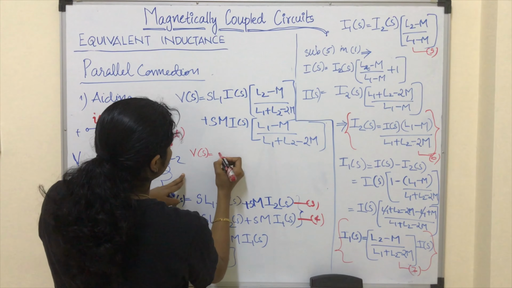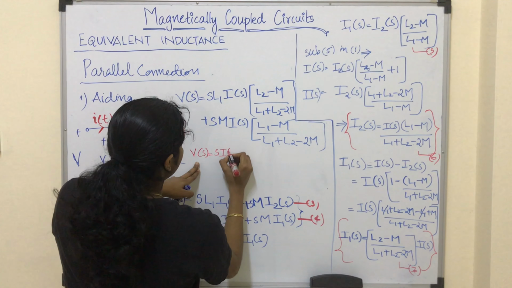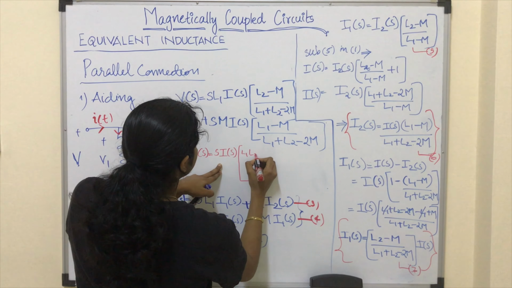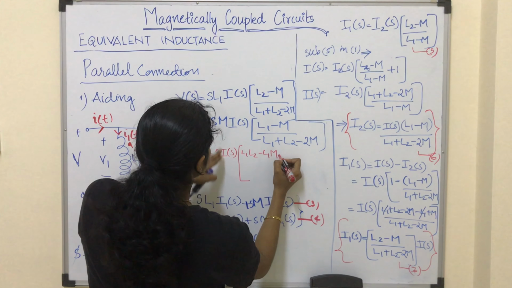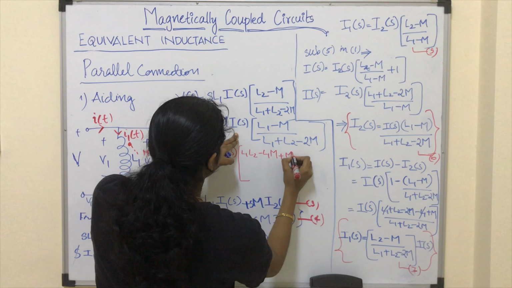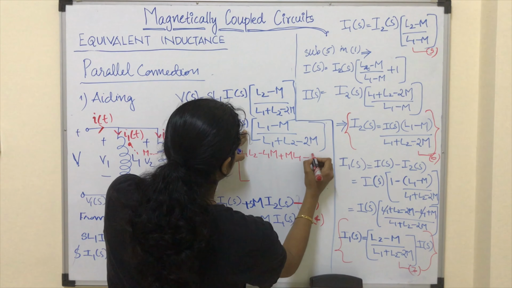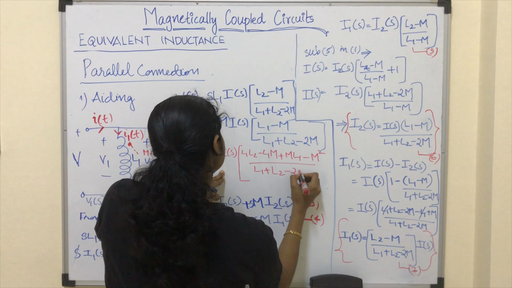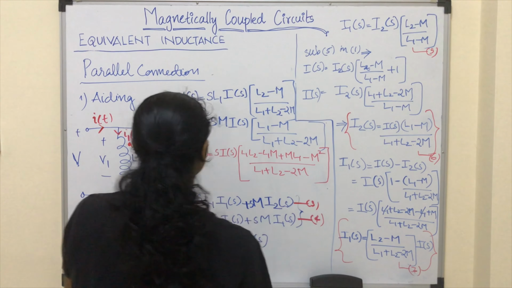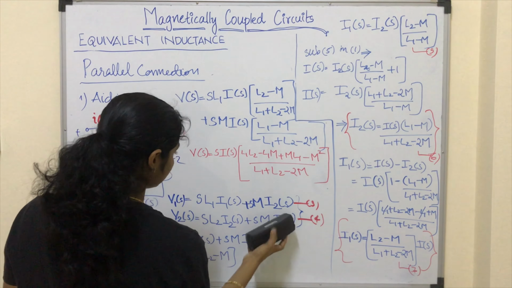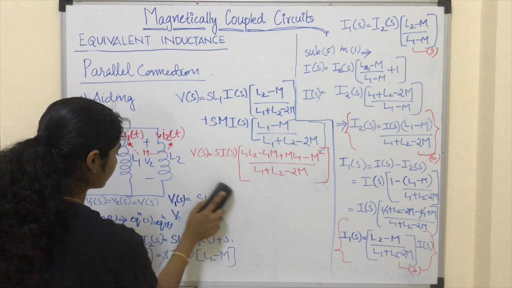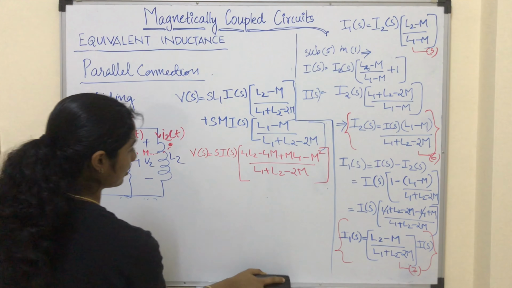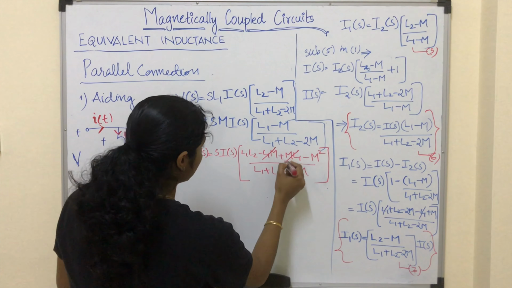Here I am taking the common terms outside, that is V of S is equal to S into I of S into (L1 L2 minus L1 M plus M L1 minus M square) by (L1 plus L2 minus 2M). Okay, and these two terms get cancelled.